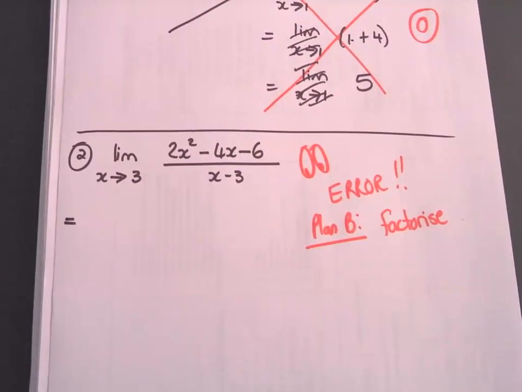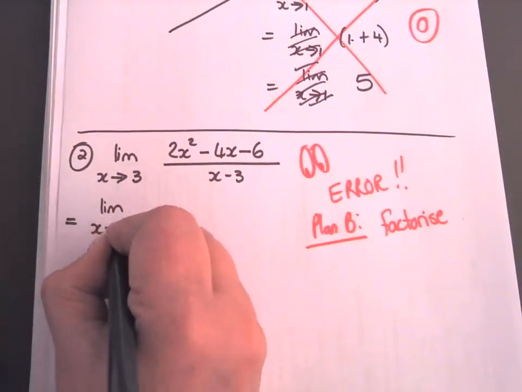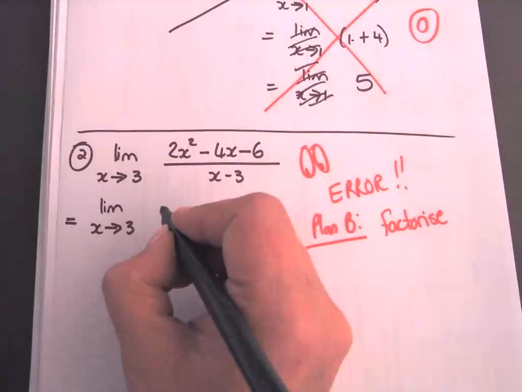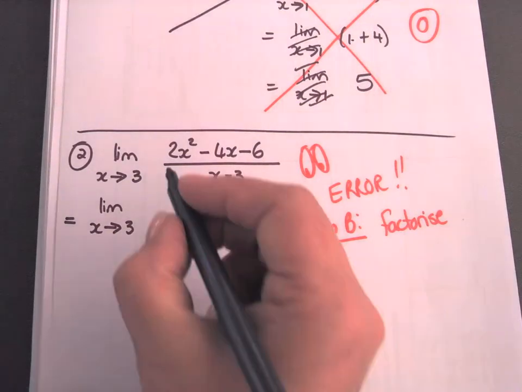Am I going to substitute the 3 into the sum at this stage? No. Can I lose my notation? No. So I still have to write it. Lim x tends to 3. And how can I factorize that? Take out a 2.